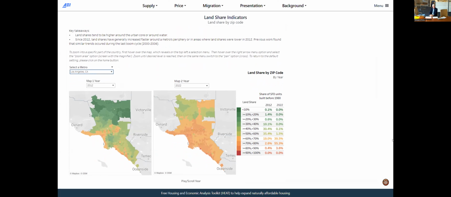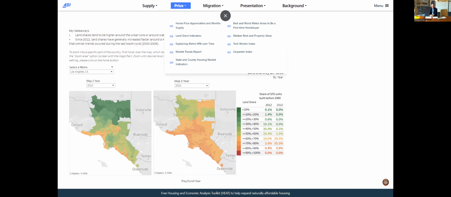You see on the left, that map on the left, the orange was both right along the coast and then inland a ways. But now in 2022, LA is virtually all orange and dark orange at that. And you see it went from a little over 20% being over 60% of the units in 2012 to over 95%, 96, 97% in 2022.